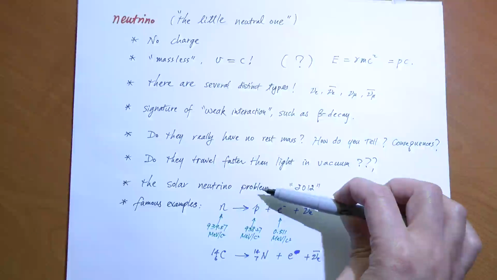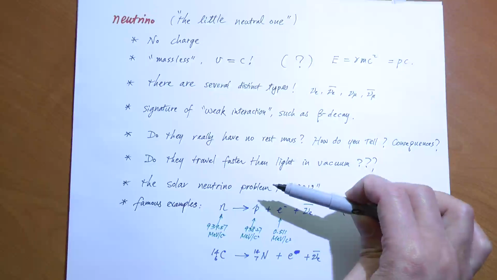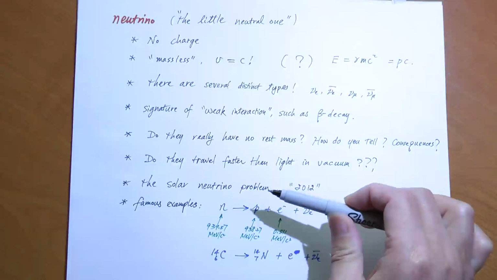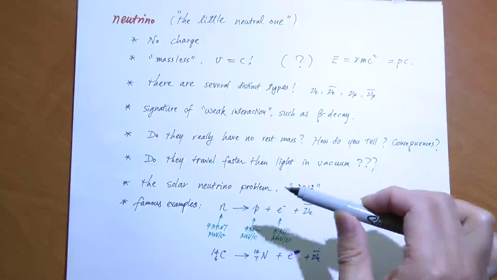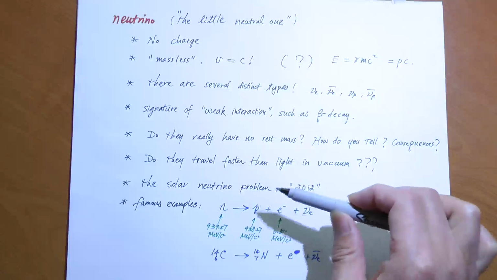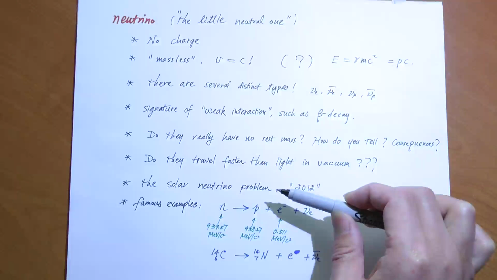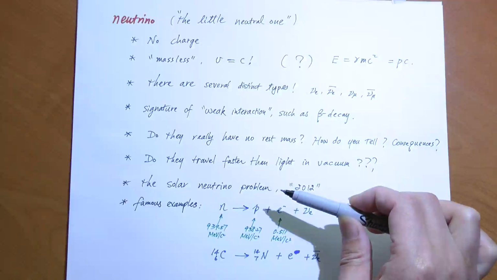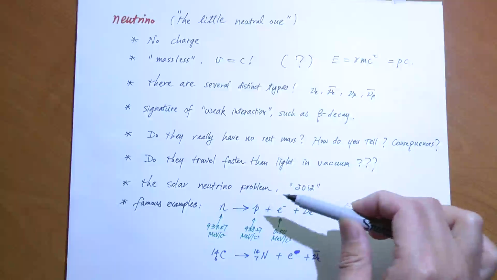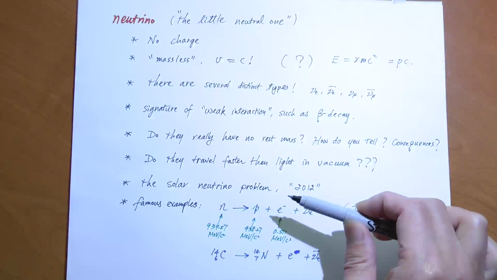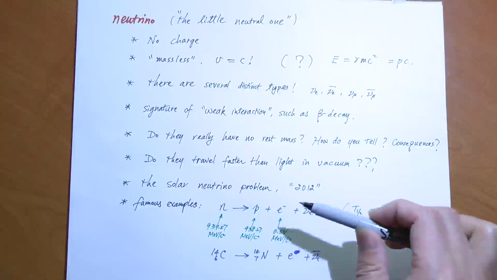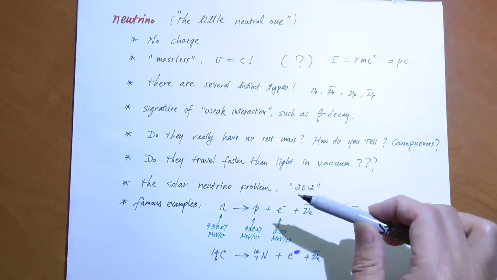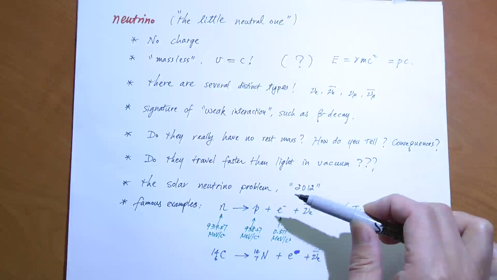The solar neutrino problem is an open problem in solar physics. That is, there seems to be a discrepancy between the neutrino production that we calculated from the energy production of the sun. When we calculate the energy production of the sun, which is by nuclear reaction, we found that in order to match the observed amount of energy released by the sun per second, we have to assume that this many neutrinos must be produced.